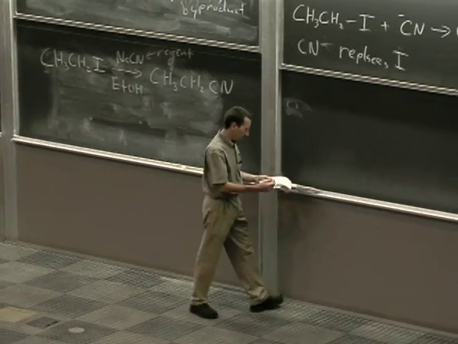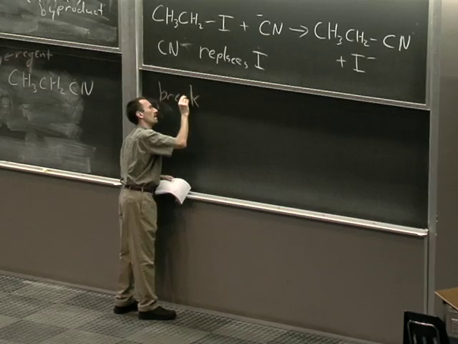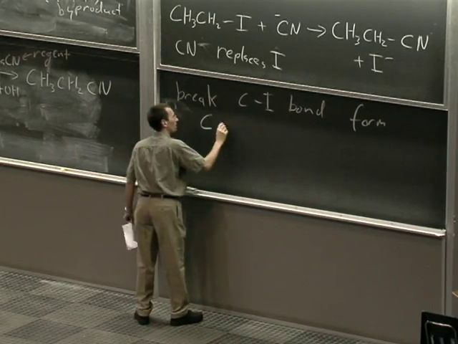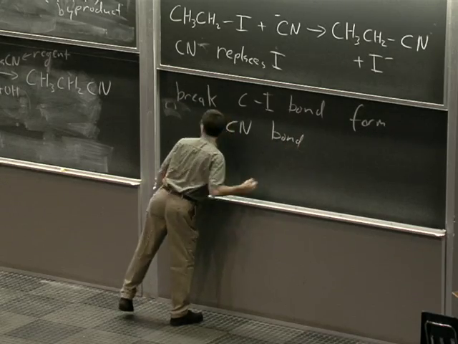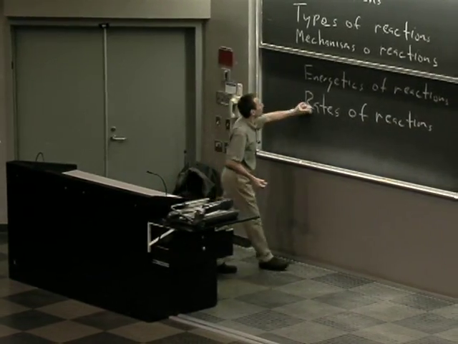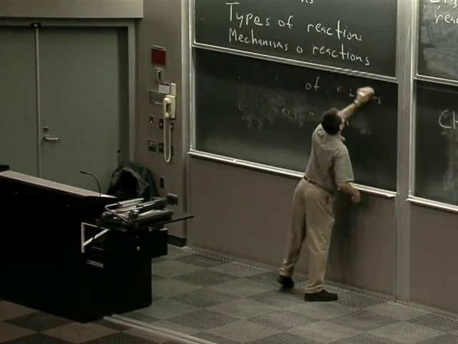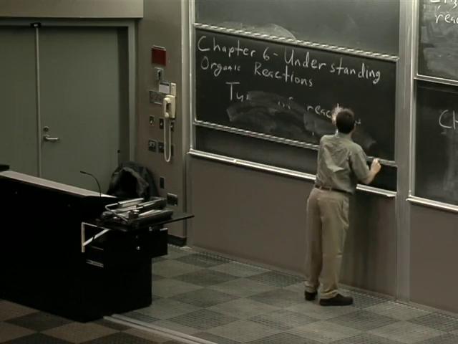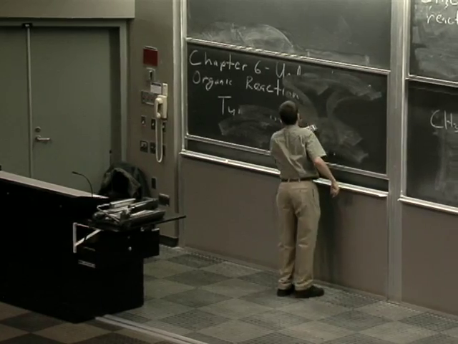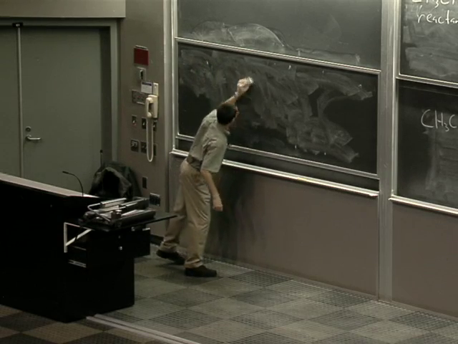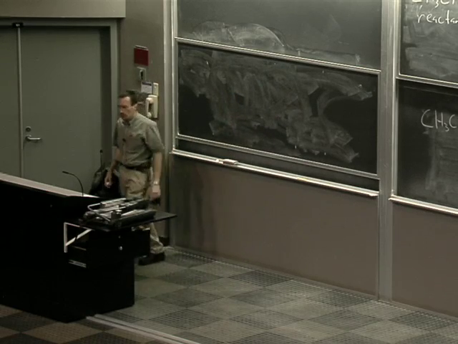So what we're doing, to be very specific, is we're breaking the sigma bond and we're forming a C-CN bond. Thoughts or questions?